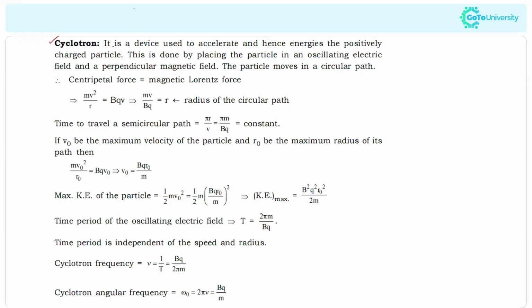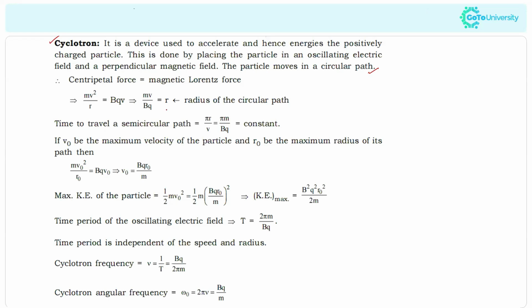So what actually happens is that when the particle is moving between the electric field and the magnetic field, it is acted on by both, and because of that it starts moving faster, and it will produce a circular path as well. When it is moving very fast, it will hit something with a high energy. So if we want to break atoms or something, we will use this cyclotron.